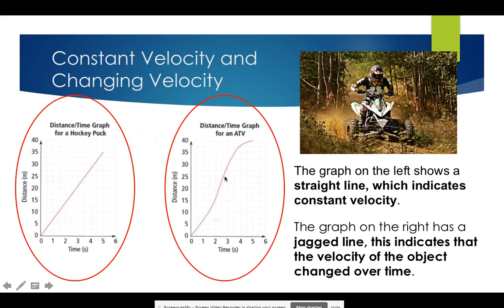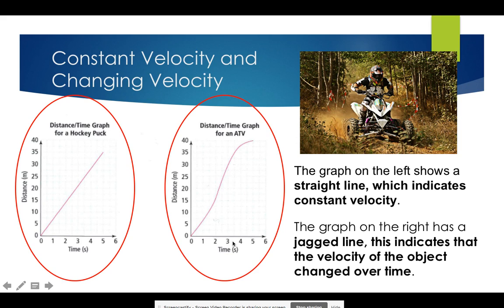Then I can tell that this is a straight line portion here, so my ATV is traveling at a steady speed. And then it suddenly starts to curve the other way. And this actually indicates that my speed is slowing down.